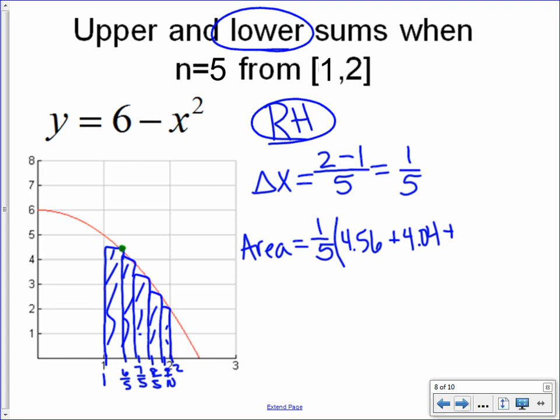They stop. Our next rectangle has height when x is 8/5. 3.44. Plus, our next rectangle has height when x is 9/5.